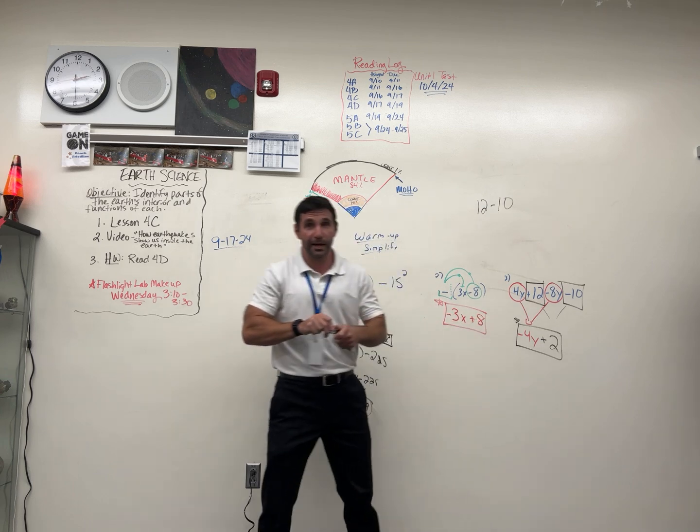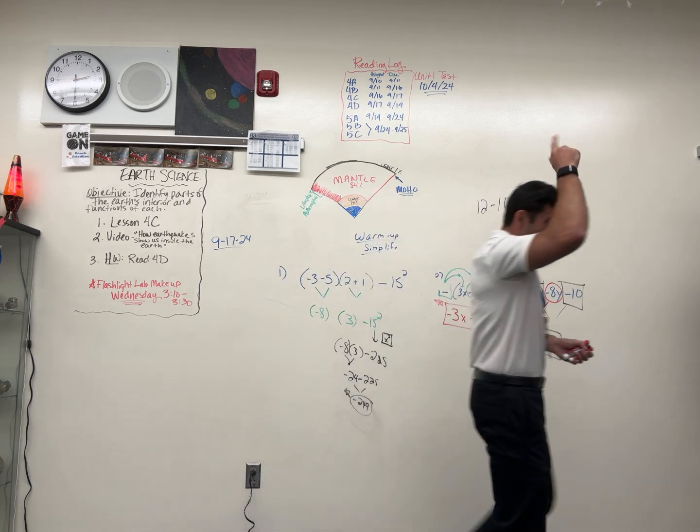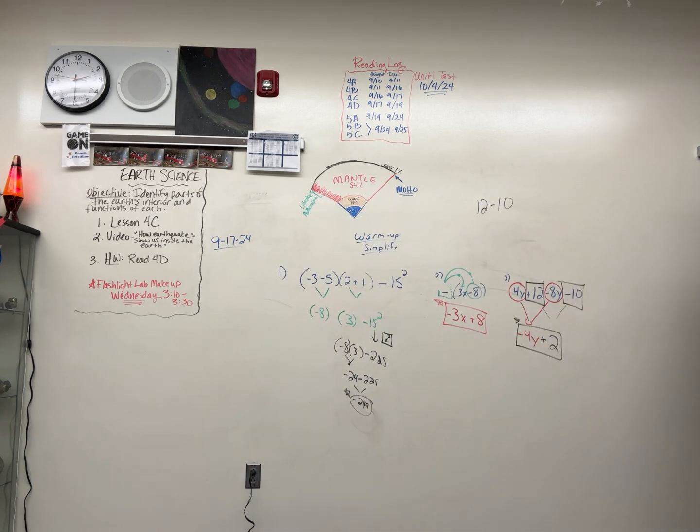What questions do we have, y'all? Get out your homework. Your homework was 1 through 20. It was the combining like terms worksheet. I'm going to take attendance now. I was doing so well.